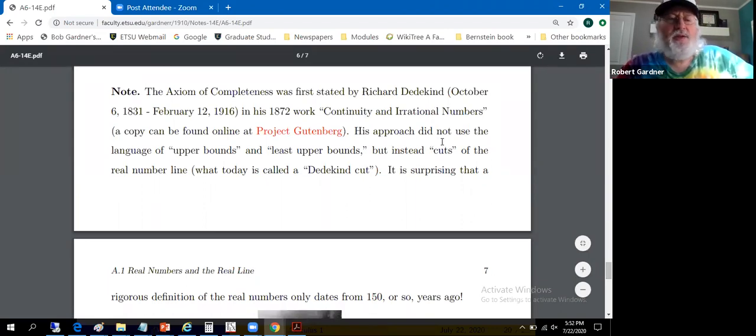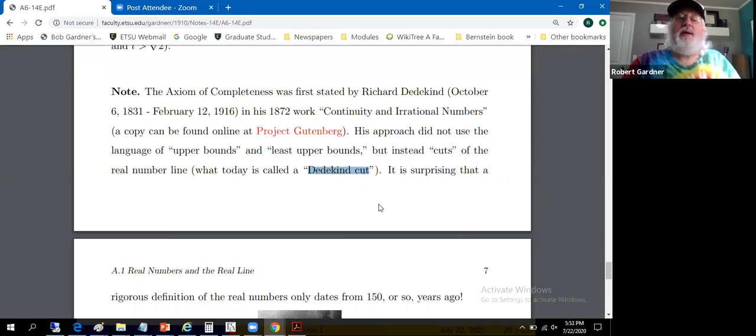He didn't use upper bounds and least upper bounds. He used cuts of the real line. Today, these are called Dedekind cuts. And his approach of using Dedekind cuts is equivalent to the axiom of completeness.